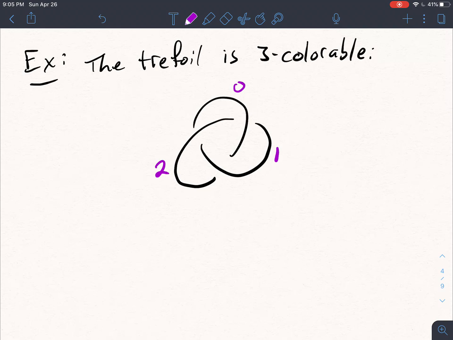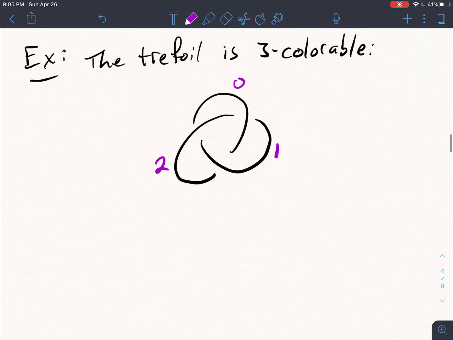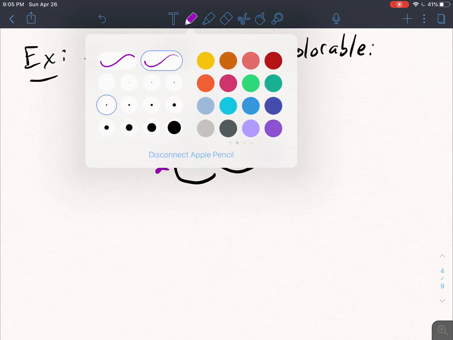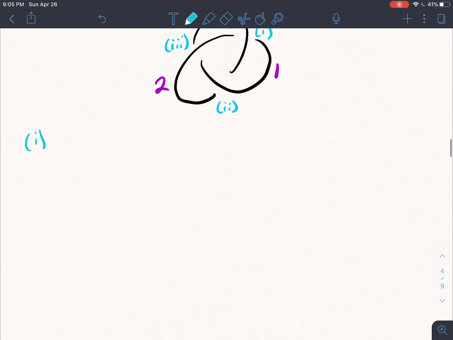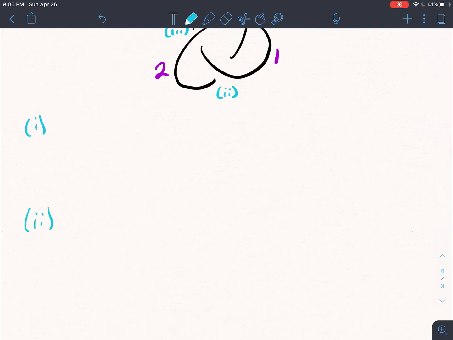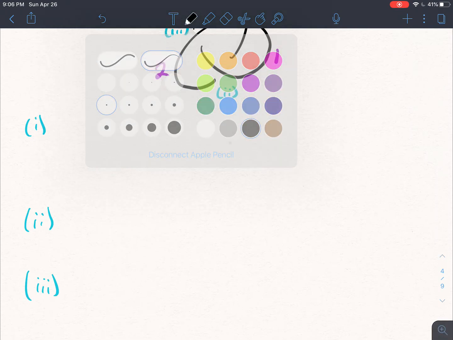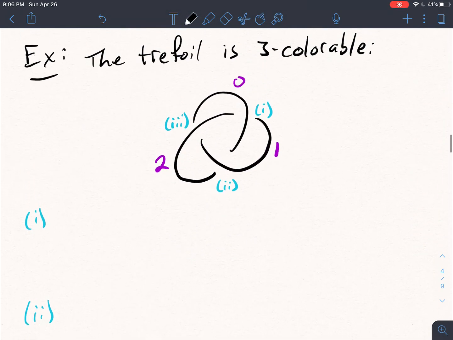So I'm going to assign numbers to the strands. I'll assign to this first strand the number 0. This second strand will get the number 1, and this third strand will get the number 2. Could have done 1, 2, 3 if you want. Doesn't really matter. So we have 3 crossings here, which means that we have 3 equations that we need to satisfy.